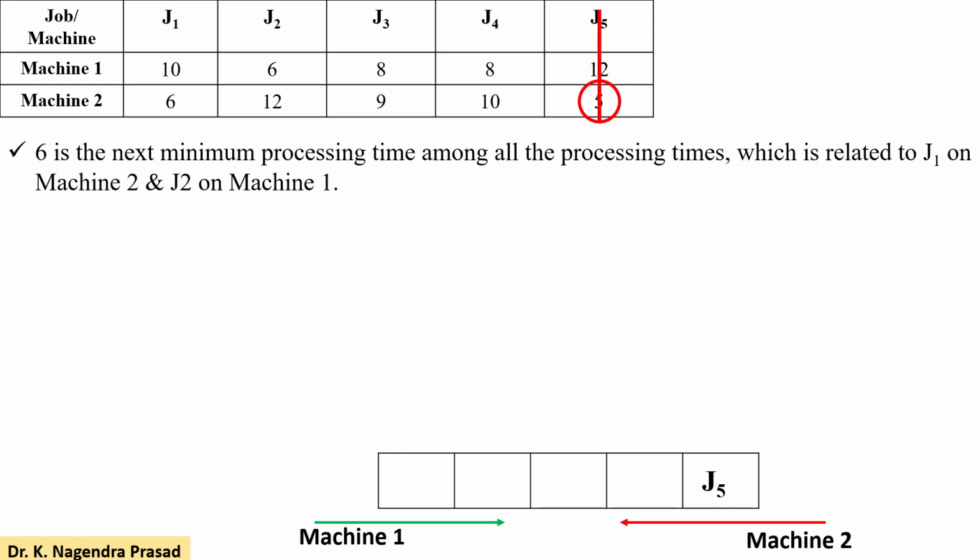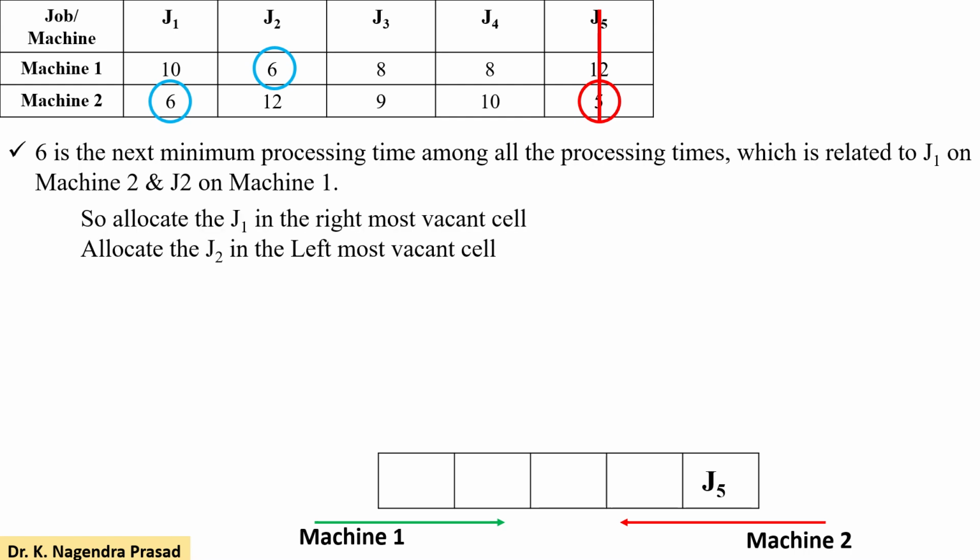Next we have to observe the processing times for all the jobs except job 5. Here 6 is the next minimum processing time among all the processing times, which is related to job 1 on machine 2 and also J2 on machine 1. So it is a tie condition, but the tie is occurring for different machines.